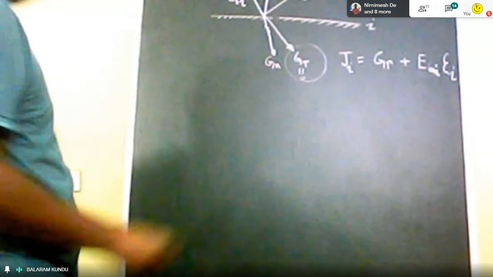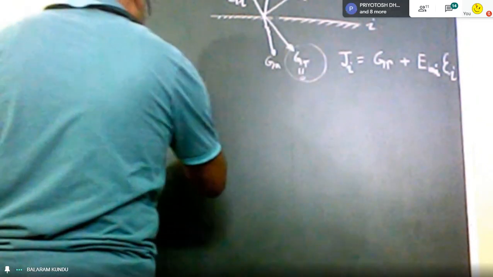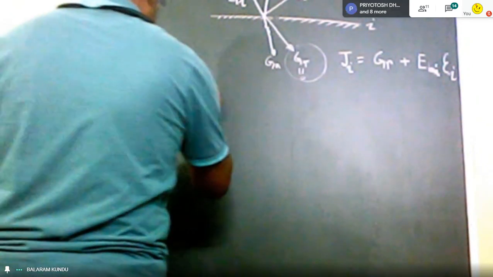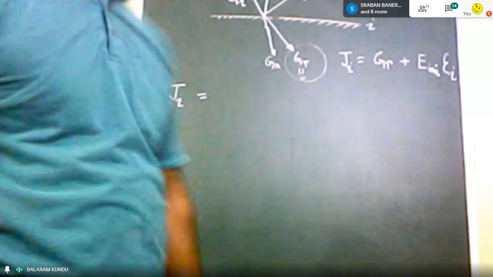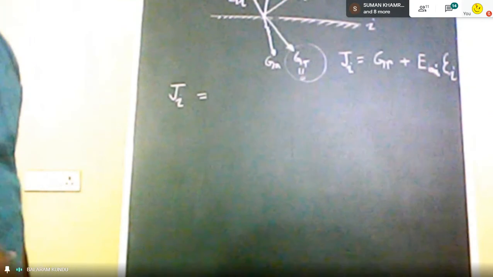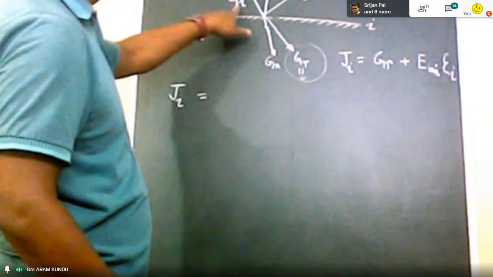Now just mathematically Ji equal to, Gr means reflected flux. Incident flux is Gi.